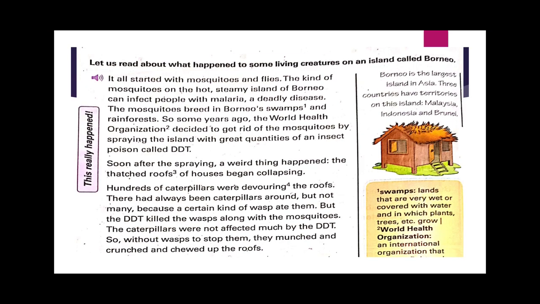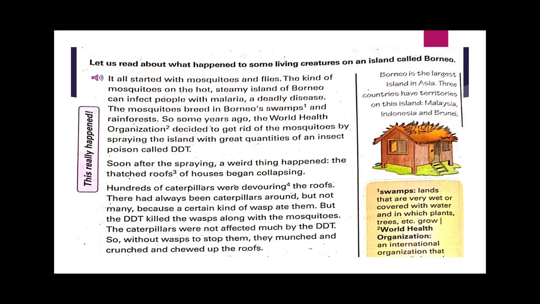Now students, first of all, let me read it out for all of you. It all started with mosquitoes and flies. The kind of mosquitoes on the hot, steamy island of Borneo can infect people with malaria, a deadly disease.